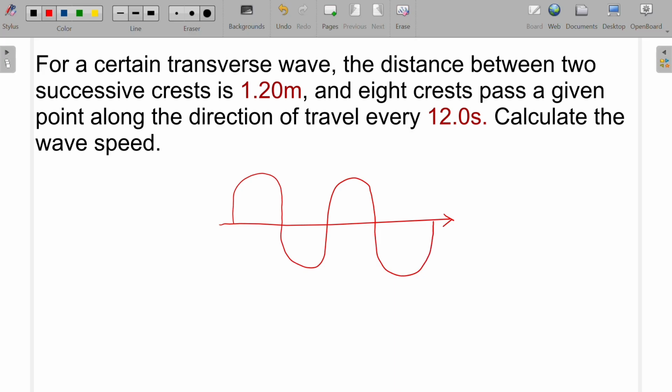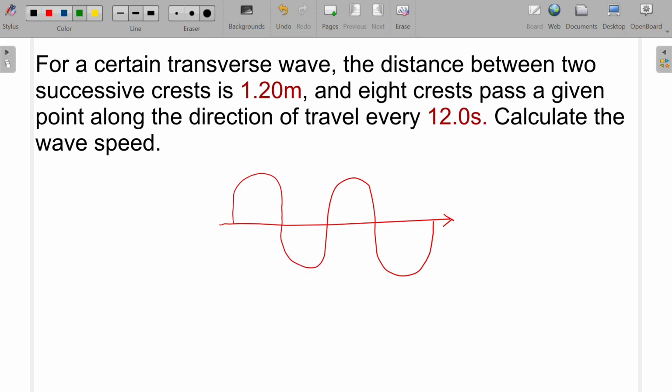Now, the highest displacement in the positive y direction, which is this part here, is called the crest. And the highest displacement in the negative y direction is what we call the trough.